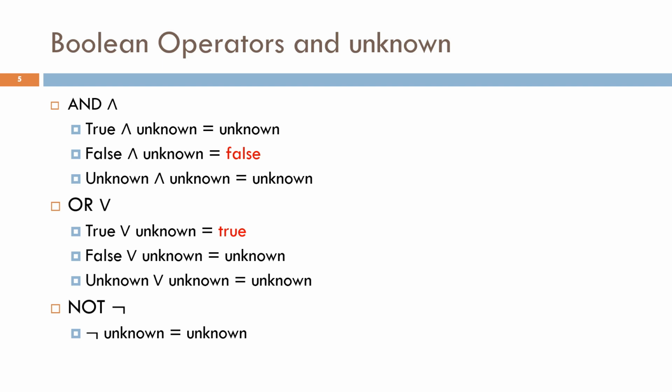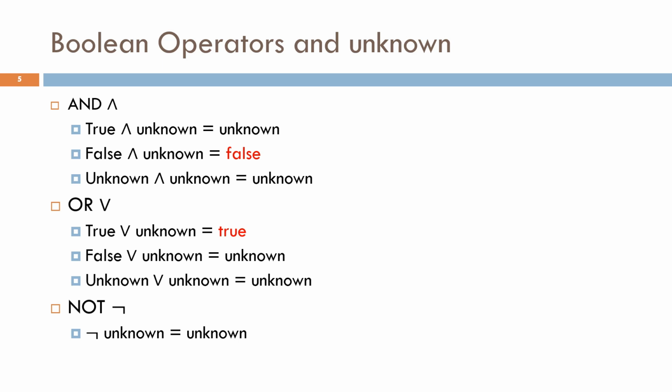First, let's talk about the AND operator, denoted by this symbol. In the AND operation, the result is true if and only if both conditions are true.